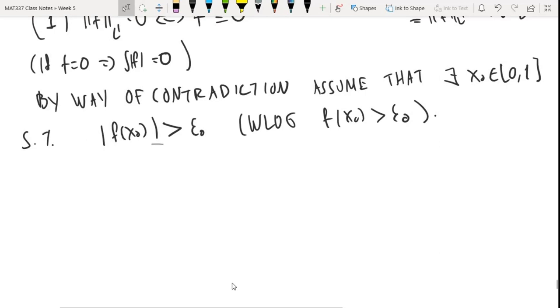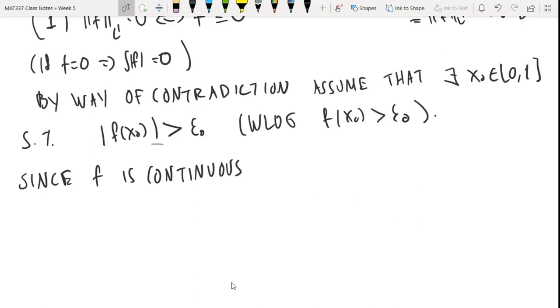So let's see. Since f is continuous, fix epsilon equal to epsilon naught over 2.